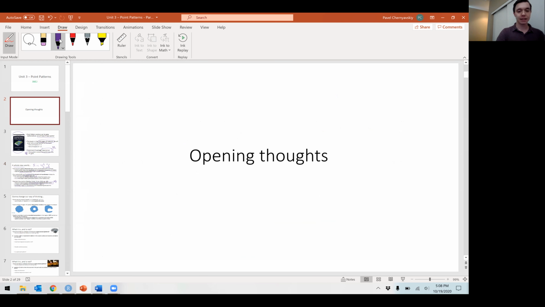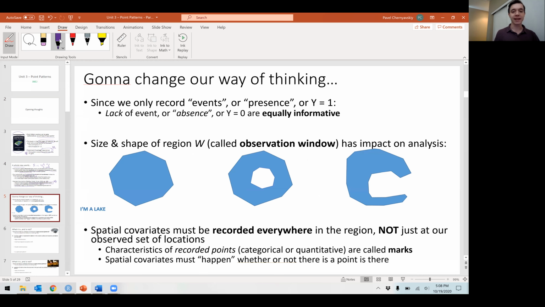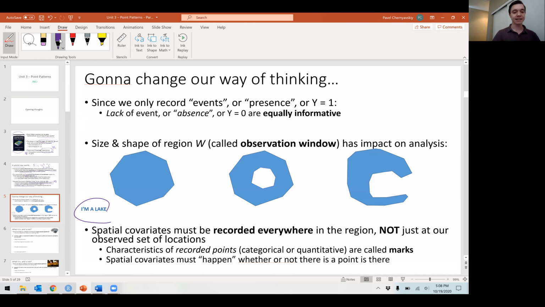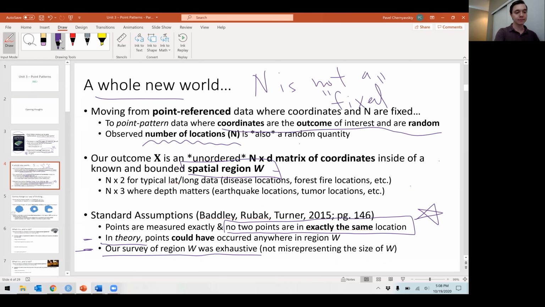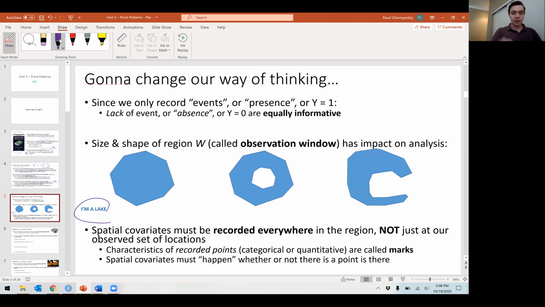Well, here is the bad way of doing it. Oh, you know what? I have some fake lakes on the next slide. Let me illustrate this last assumption a little bit more. Assume that this is a lake. I'm a lake. Very good. You're interested in where there is a specific kind of fish that you find interesting.